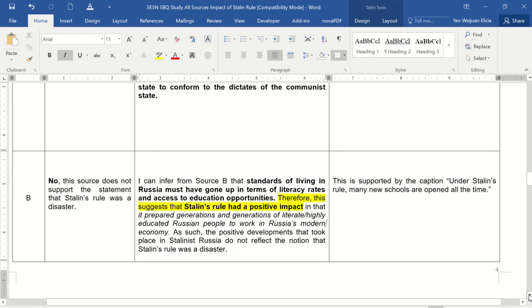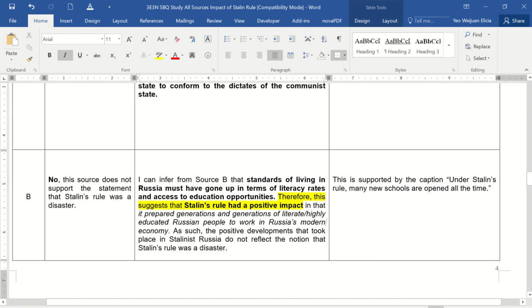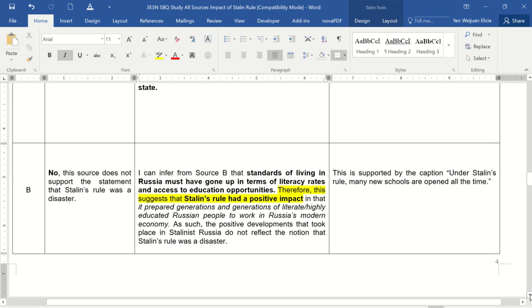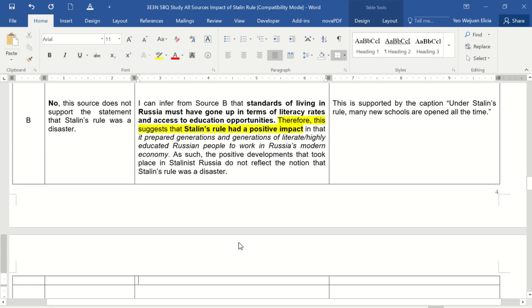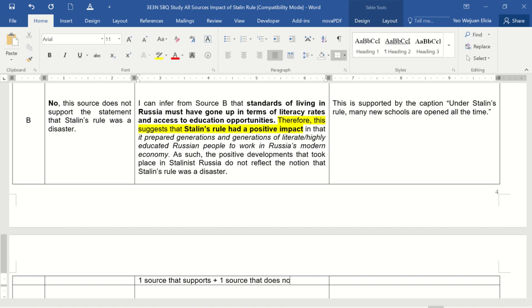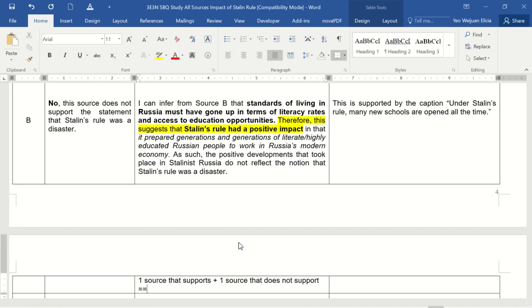Since you are done with source A, I will just put it down at the bottom here. One source that supports plus one source that does not support is L3, 5 marks out of 8.